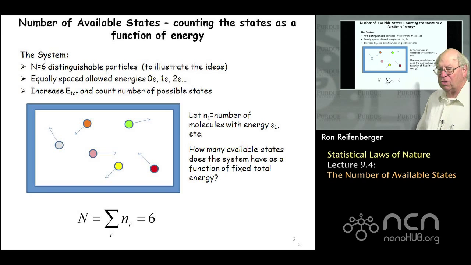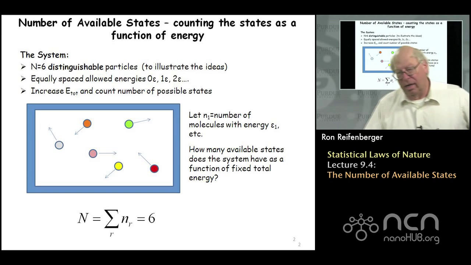So if we're thinking about, let's say, the first energy state, epsilon 1, and we have n1 particles in that energy state, that's going to be the notation that we're going to use. And we have a constraint that if we sum up all these n sub i's over all the possible states R of the system, we have to have 6 particles in the system, because that's what we started with to begin with.